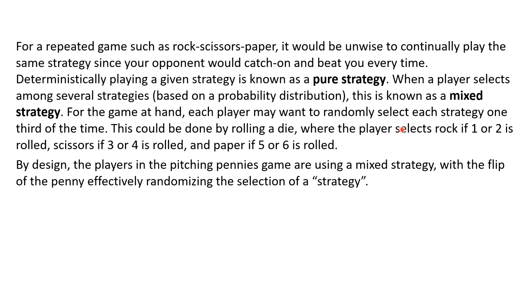If it was 3 or 4, you would offer scissors, and 5 or 6, you would offer paper. But there are other ways of randomizing it. But in fact, that is the best solution for each player: to offer rock, scissors, or paper 1/3 of the time, randomly.